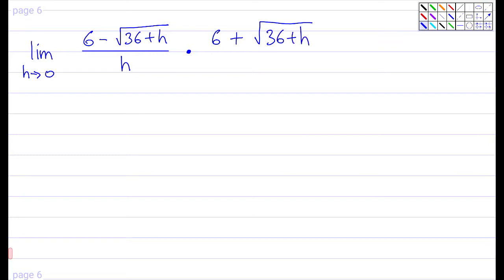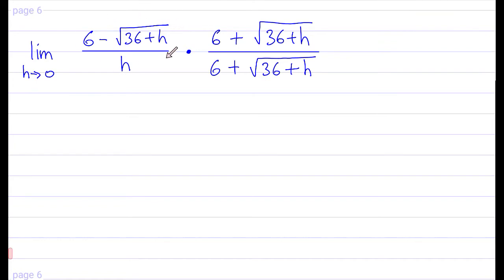Now I can't just multiply this by any random thing, but I can multiply by 1. So as long as I multiply by something which is equal to 1, I haven't changed the original value of my function. And you might be thinking, wow, this looks even worse. But stick with me here, it's actually going to be better.